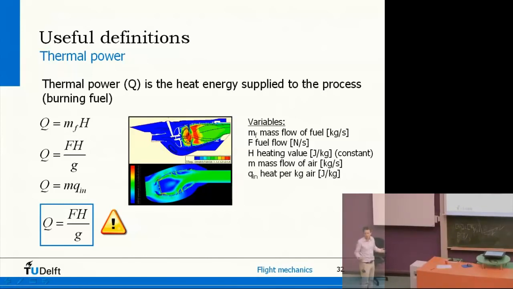That's basically the mass flow of the fuel multiplied with this chemical quantity of the fuel. That gives you the thermal power. So all this says is if you open the fuel flow, you give more thrust in the cockpit, you'll use more thermal power.